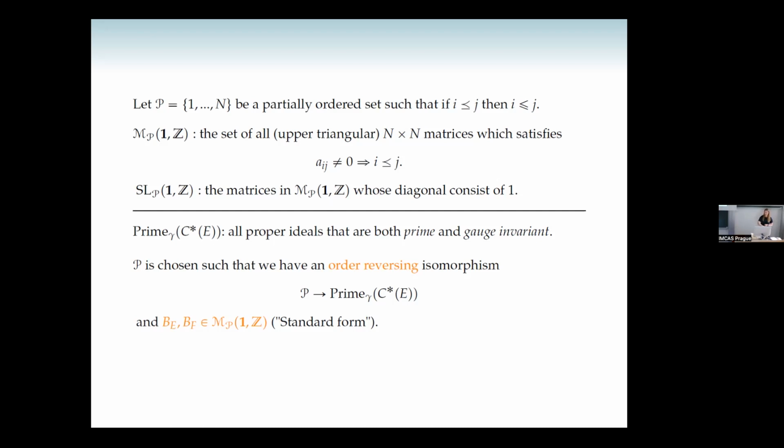It turns out that this space of all the proper ideals can be described just by looking at the graph, and I will come back to that. But the point is that you have to choose this partially ordered set such that you have an order reversing isomorphism between the set and this space of ideals. And then you need this B_E and B_F to be in that specific MP.